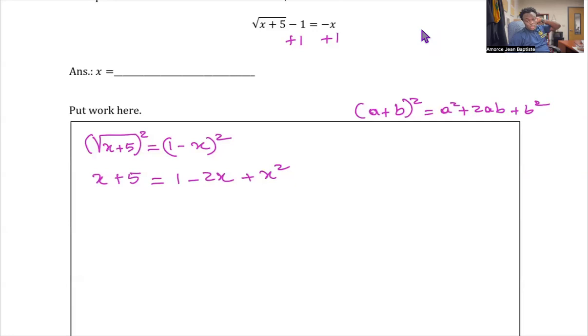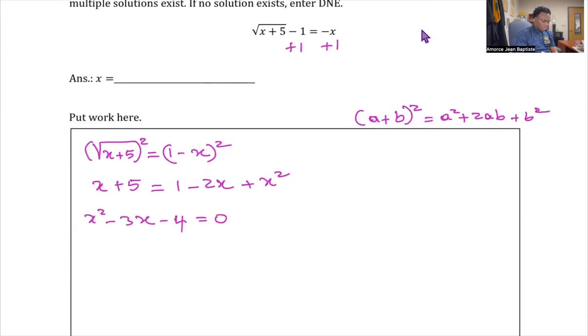Now we're going to make sure that this equation is written in standard form. So that's x squared minus 3x minus 4 equals 0.